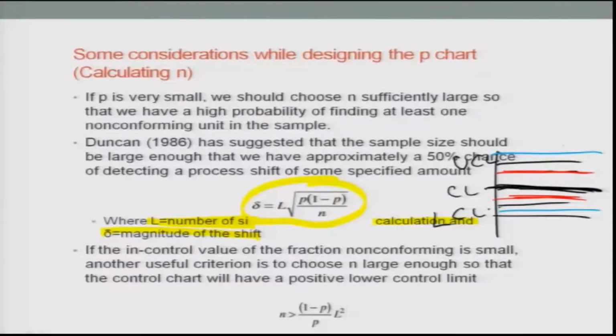So, if the in control value of the fraction non-conforming is small, another useful criterion which is used is to choose n large enough so that the control chart will have a positive lower limit. Because a lower limit of 0 basically means that it can be negative, and obviously the difference of the ranges we are trying to find out would not be applicable here.